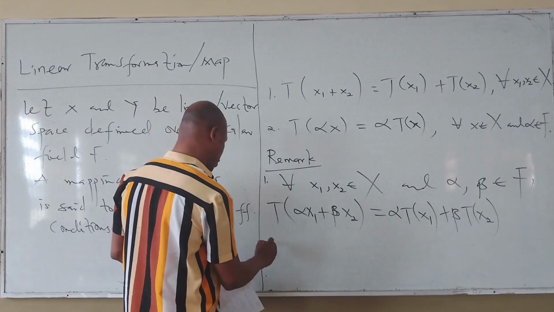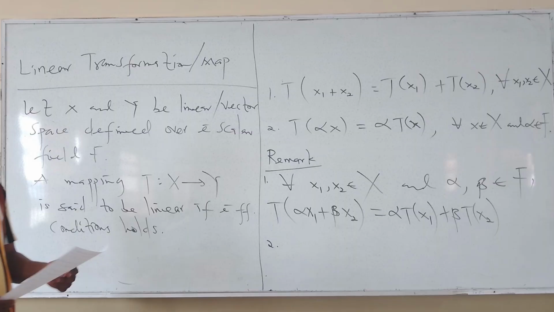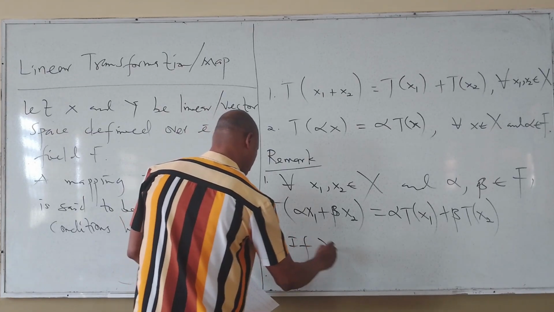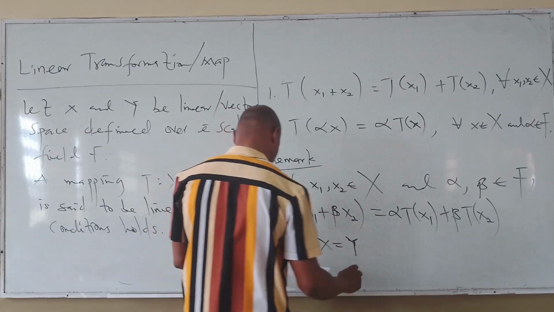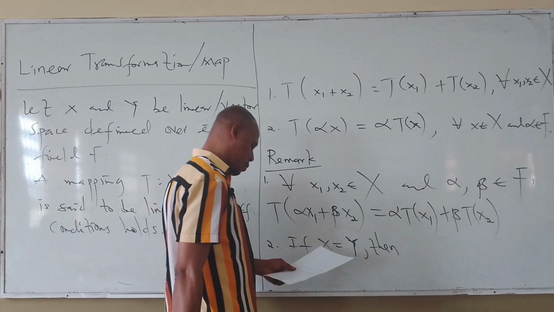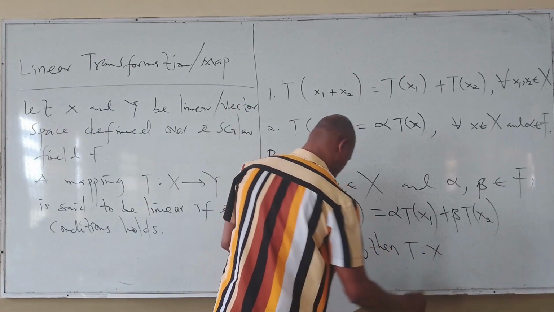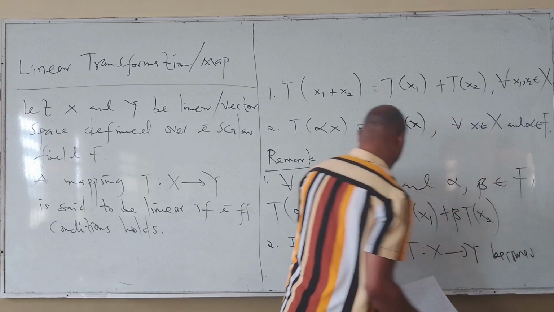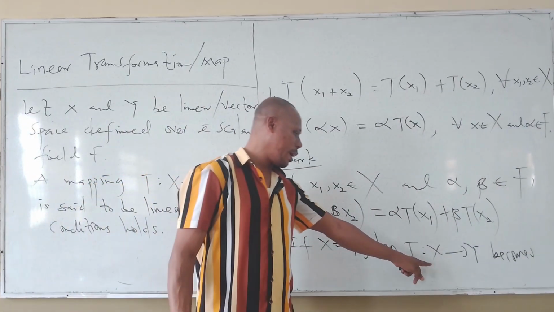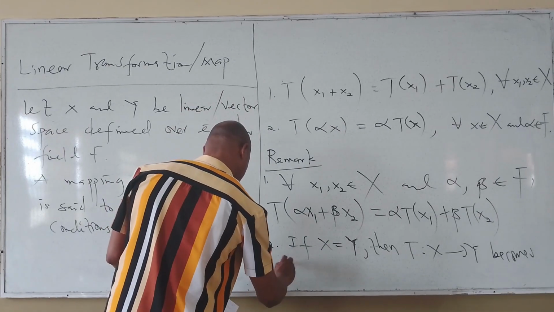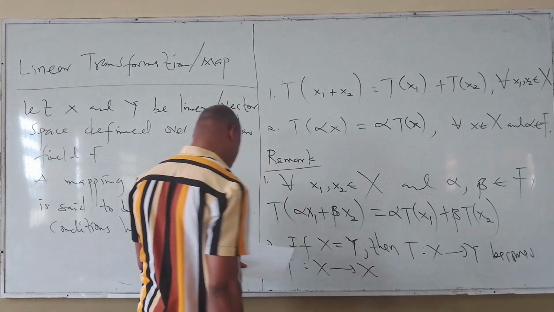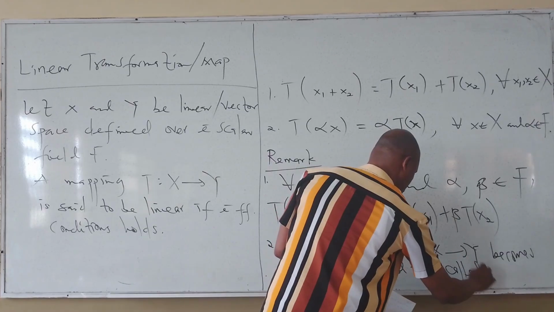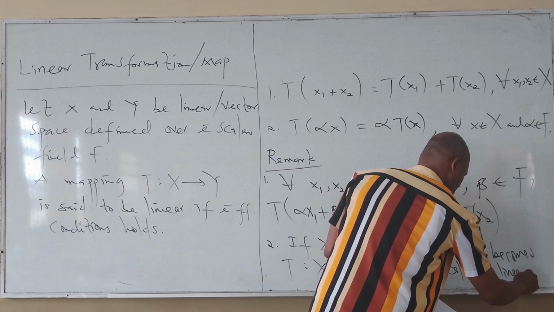So let me call this the first remark. The second remark says this: if X is equal to Y, then T, taking an element from X to Y, now becomes T from X to X, and T is called a linear operator.